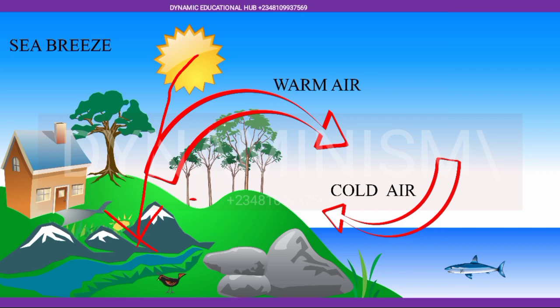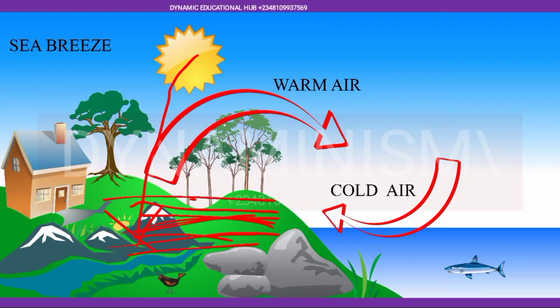As the sun is shining, the ground has low thermal capacity, which means the level at which it absorbs energy is so small. So as the ground is heated, the layers of air above the ground will be hot.